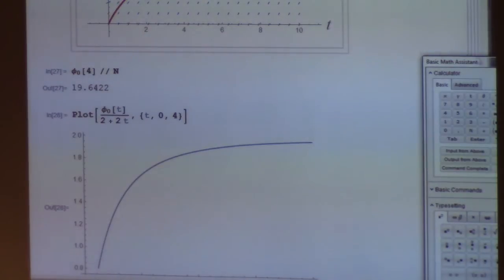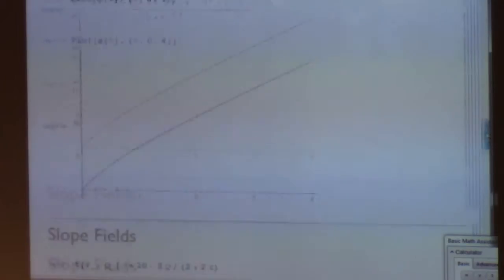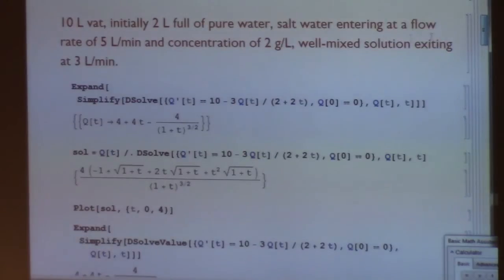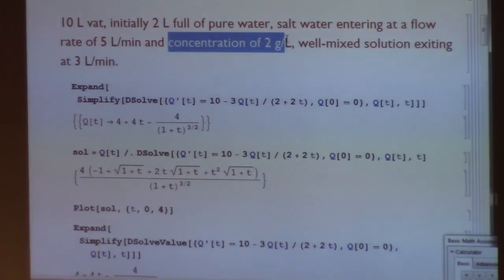Which makes sense because the concentration of the salt water going into the top is 2 grams per liter. So the concentration of the salt water in the vat is approaching, in the long run, if you could keep filling the vat and keep mixing it up, the concentration of salt in the inflow.